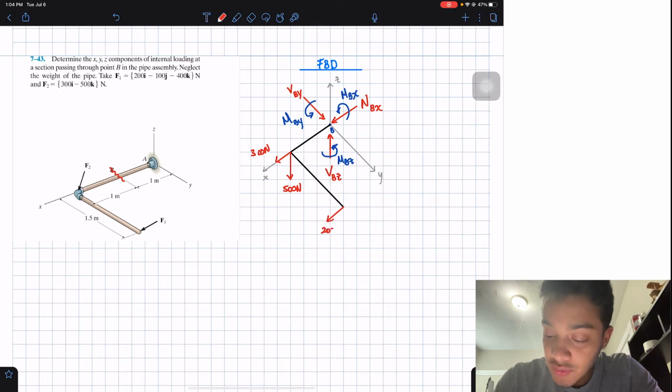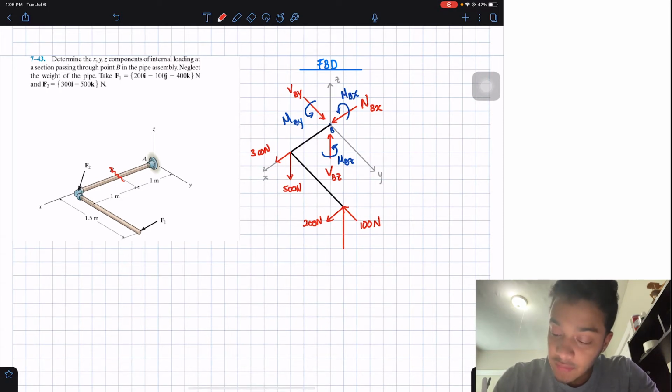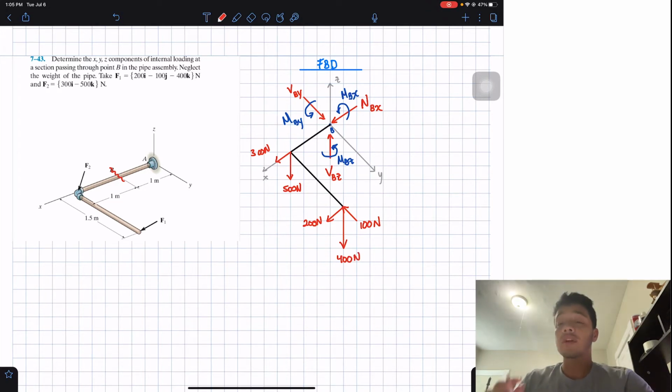Then in the j direction, I have negative, therefore it will be going in this direction, which is 100 newtons. And then in the z direction, I have negative 400, so I'm going to have it like this, negative 400. Okay? So this is the overall free body diagram.